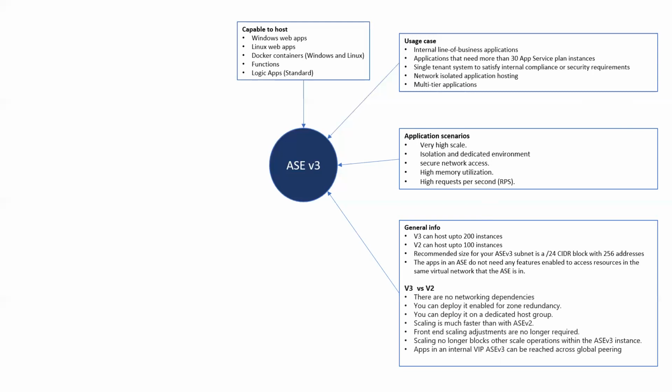So if you are getting less address space, that means you will not be able to use the 200 instance private IP addresses. The apps in the app service environment do not need any features enabled. This is one of the differences between app service environment v2 and v3.